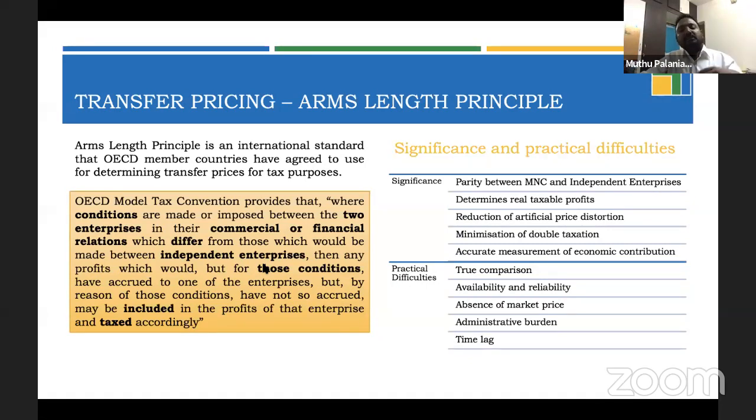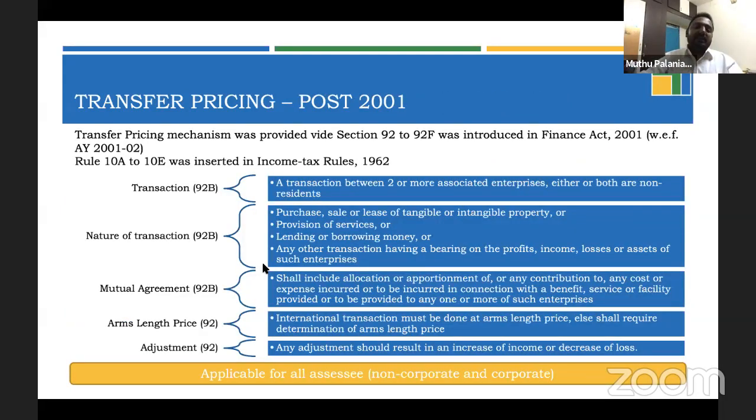However, since there is no other methodology that is as approachable as the arm's length principle, the OECD and other universal guidelines restrict themselves to this particular principle, and that is what is followed in Indian transfer pricing guidelines also. Now, when we say Indian transfer pricing regulation, it becomes important to understand its status.